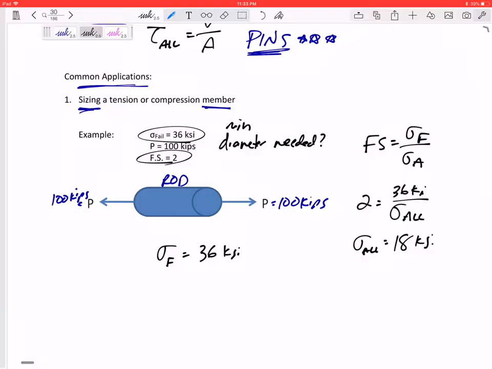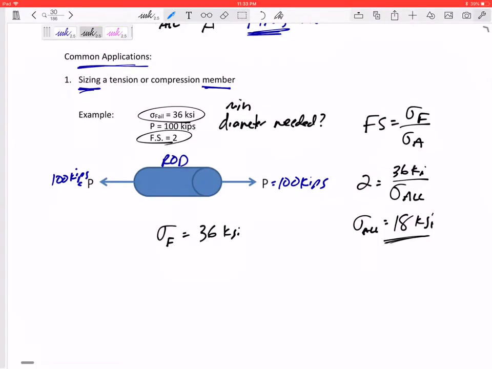So, if it's going to fail at 36, I'm only going to allow it to get up to 18. So let me allow it to get up to 18, and let me find the diameter. All right.